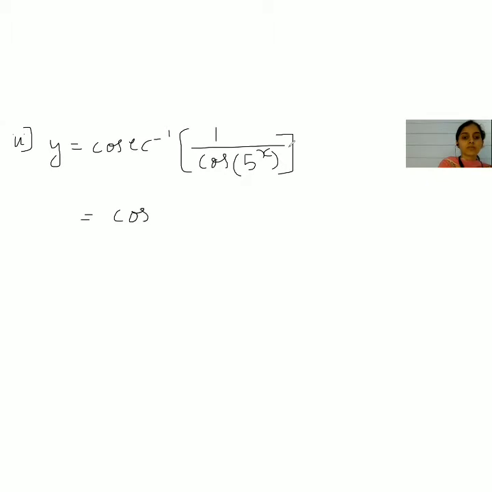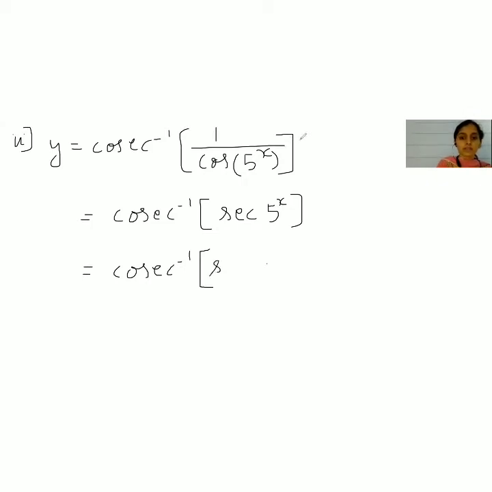So cosec inverse of bracket sec 5 raised to x. Okay, so what can we write about this? If I want to convert cosec to sec, what do I write it as?